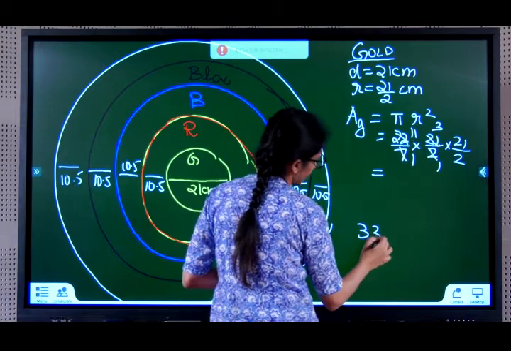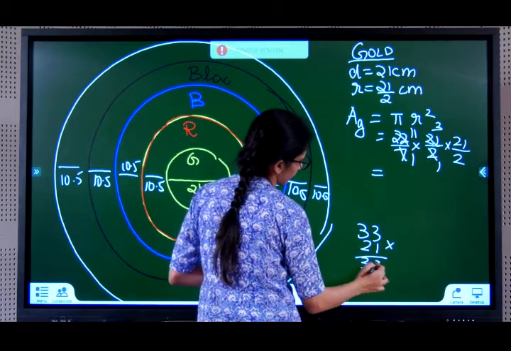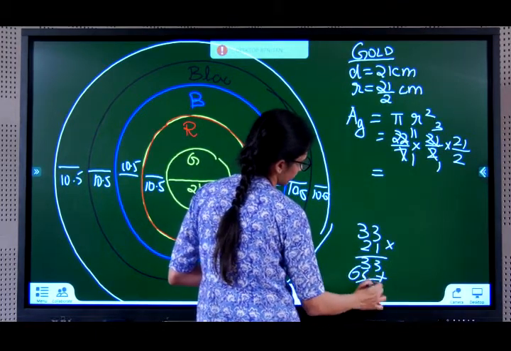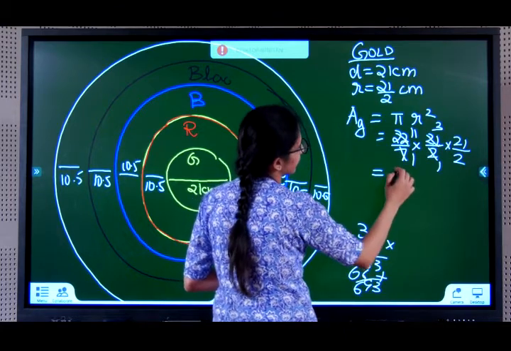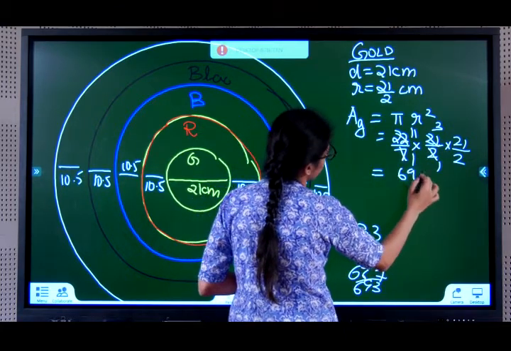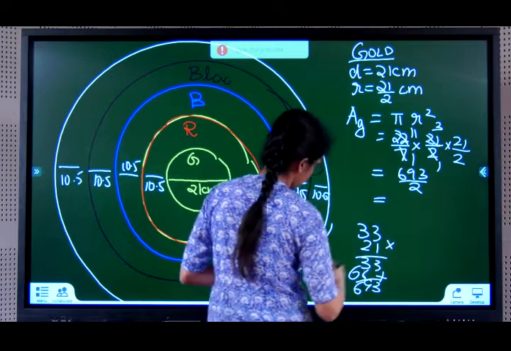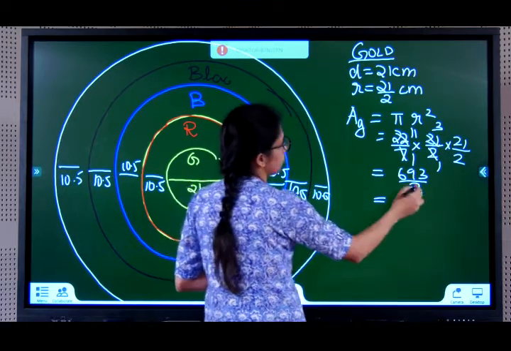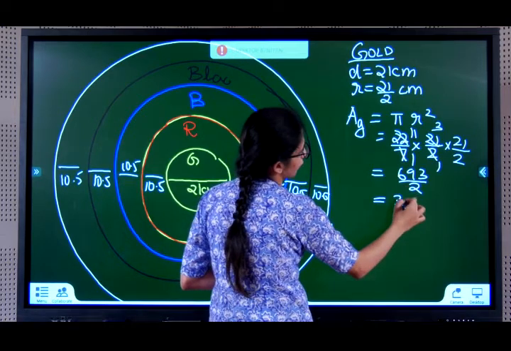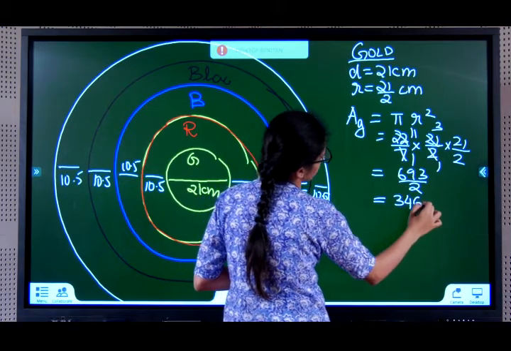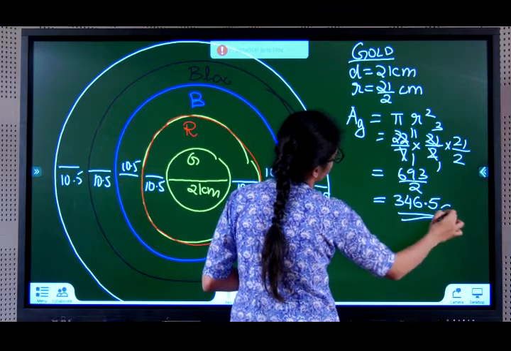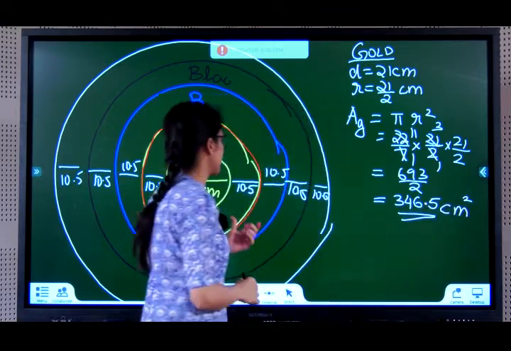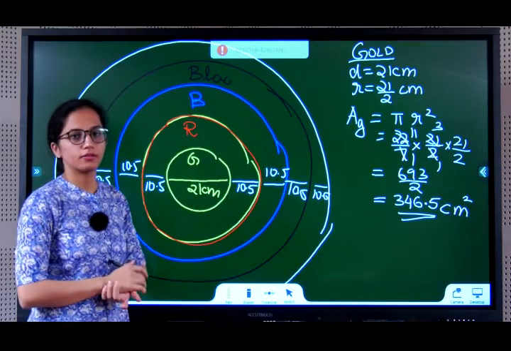So 33 into 21, 693. So 693 by 2. What is 693 by 2? 346.5 centimeters square. This is the area of the gold region.